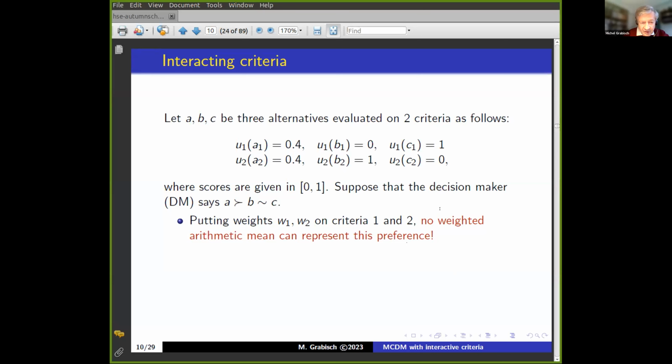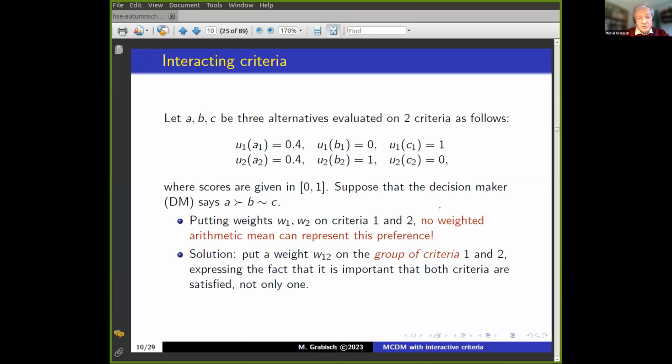Okay, so the solution we see to this problem is that maybe it makes sense to put not only weights on the single attributes, but also to put a weight on both attributes together. So it will be a weight on the group of criteria or attributes 1 and 2.